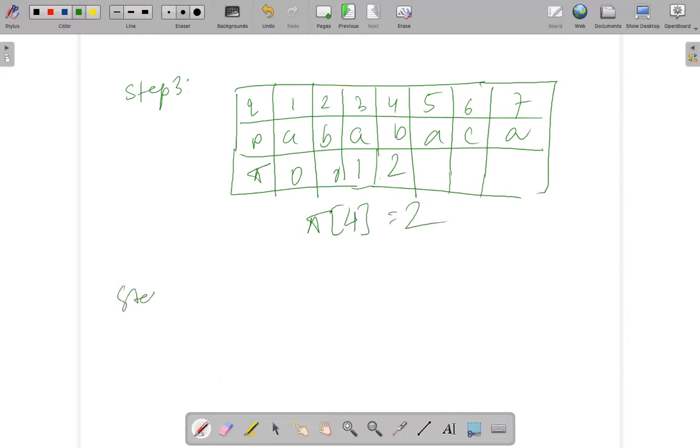Then step 4, q is 5. Here your q is 4, k is 1.